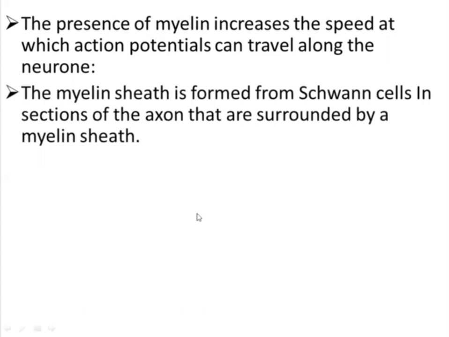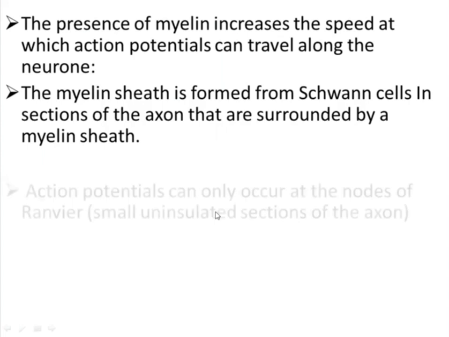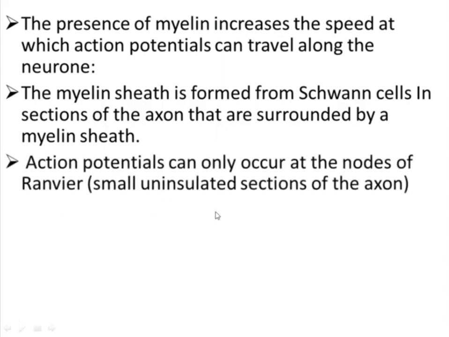The myelin sheath is mainly formed by Schwann cells that surround the axon, right? Then we see the action potential can only occur at the nodes of Ranvier, right?